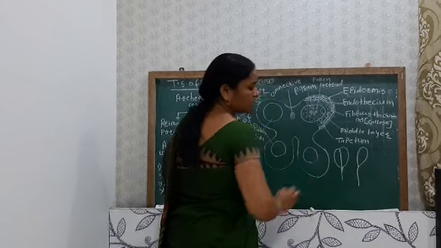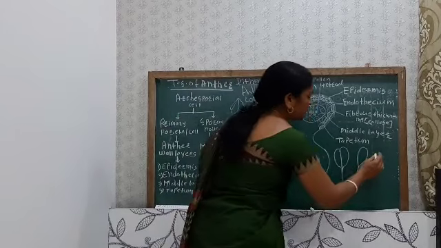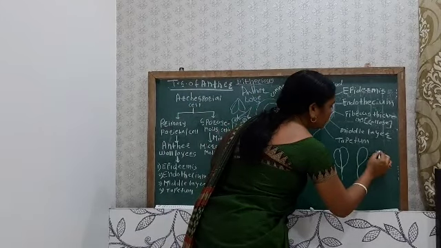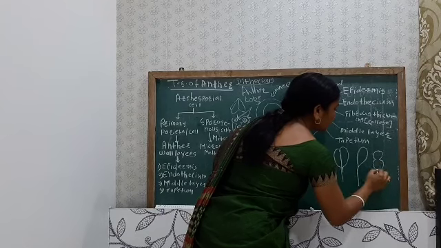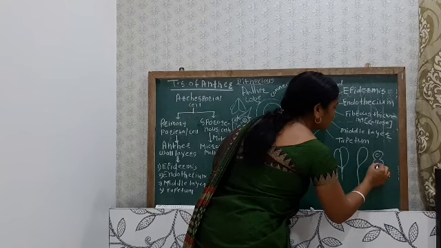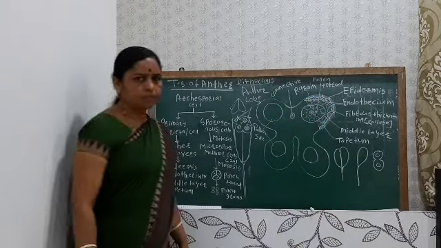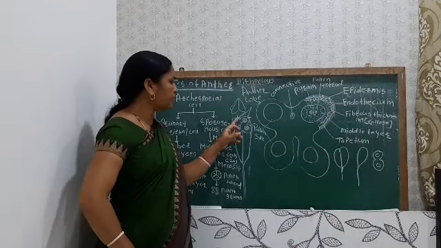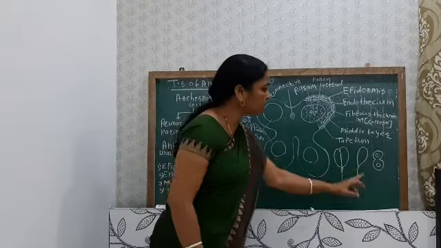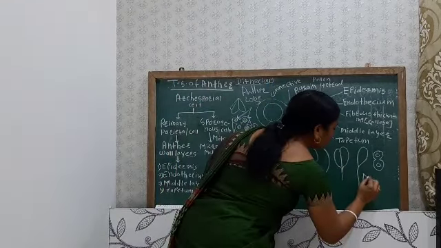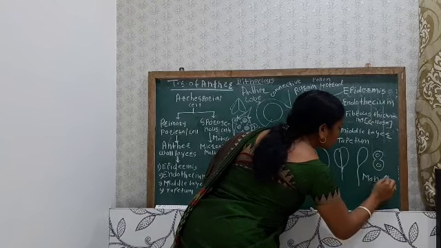In this type there are only two pollen sacs. The structure will be like this, with two pollen sacs present. So there are four pollen sacs in the dithecous anther, and this condition is known as monothecous.